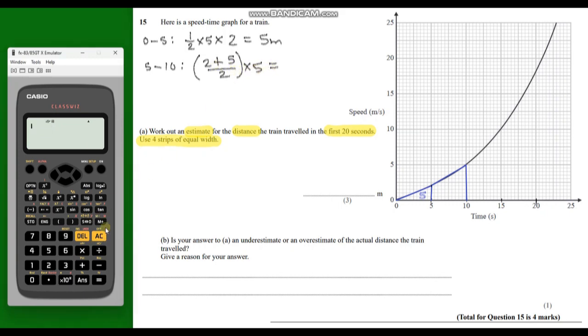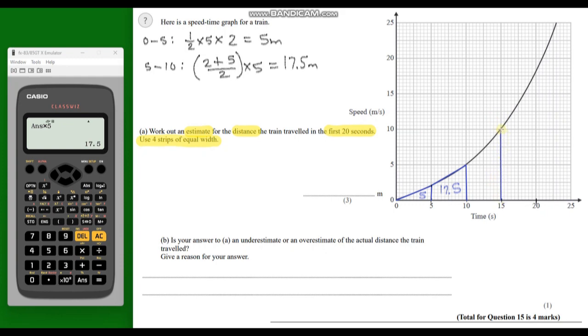Let me just get the calculator out. So 7 divided by 2, and then times by 5. We get 17.5 meters. So let's pop that in here, 17.5. Now let's carry on. This question does take a bit of time, but it's worth doing it correctly. So now we're going to do another trapezium.